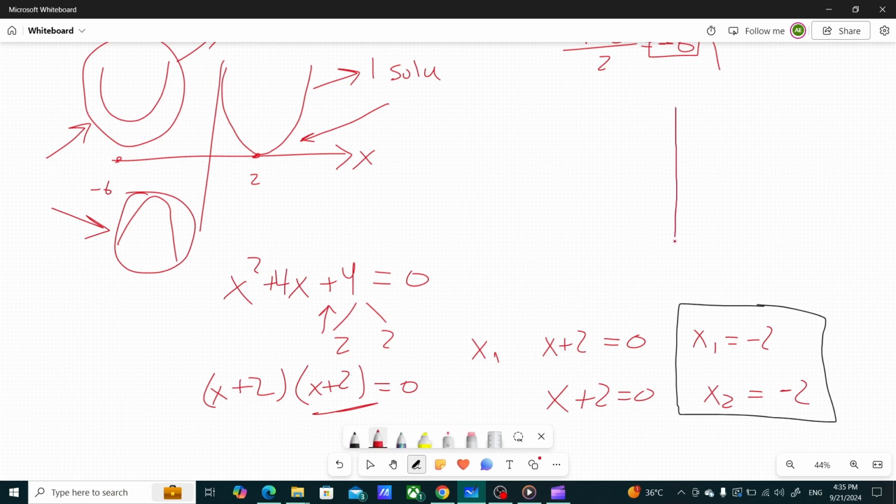This means that our parabola intersects the x-axis not on 2 points, just like what we've been doing so far, but only on one point, and this point is x = −2. So our graph will look something like this. This is the case where we have a single solution, so one solution only.